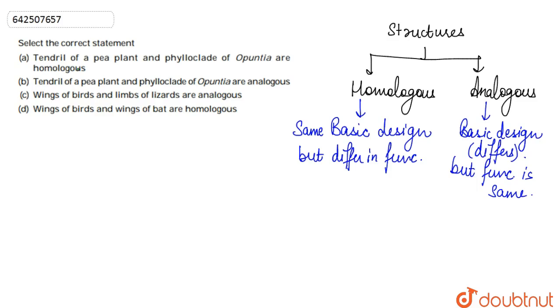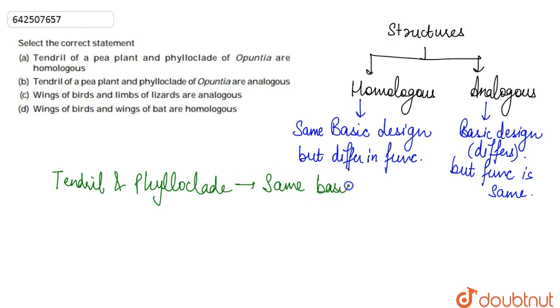So the tendril of the pea plant and the phylloclade of opuntia are homologous, as they both have the same basic design, though they differ in their function.